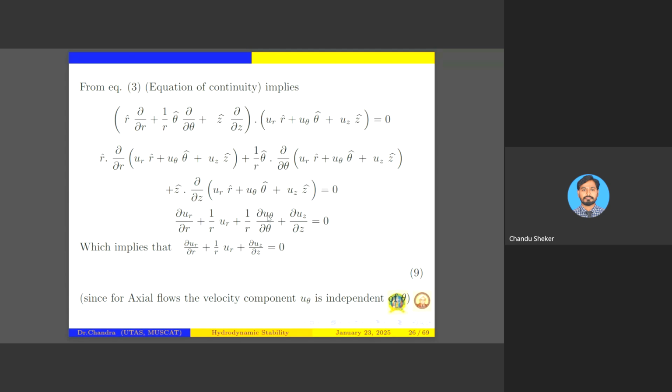So u theta does not depend upon the variable theta, and we can say that dou u theta by dou theta becomes 0. So finally we'll get only three terms in the next equation: dou u r by dou r plus 1 by r u r plus dou u z by dou z equal to 0. This is the new equation which we got from the equation of continuity.